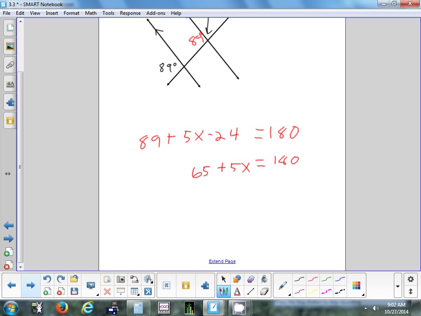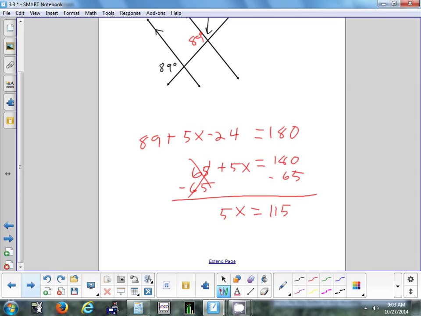Okay, now we can start putting stuff on the other side. Anybody see what you got to do next? Subtract 65 from both sides. And what's 180 minus 65? 115.